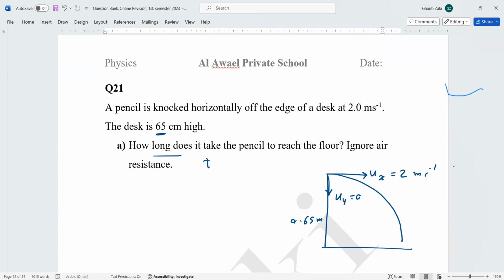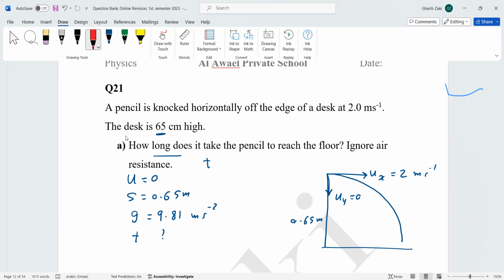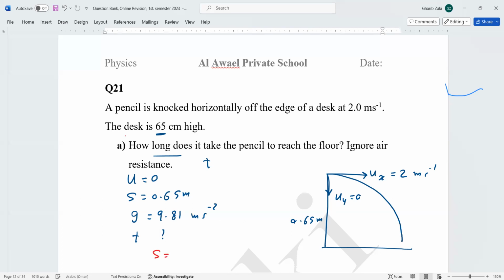Now we talk about vertical motion. We have uy equals 0, s equals 0.65 meter, and g downward is a positive 9.81 meters per second squared, and we need the time. Which formula? s equals ut plus half g t squared.